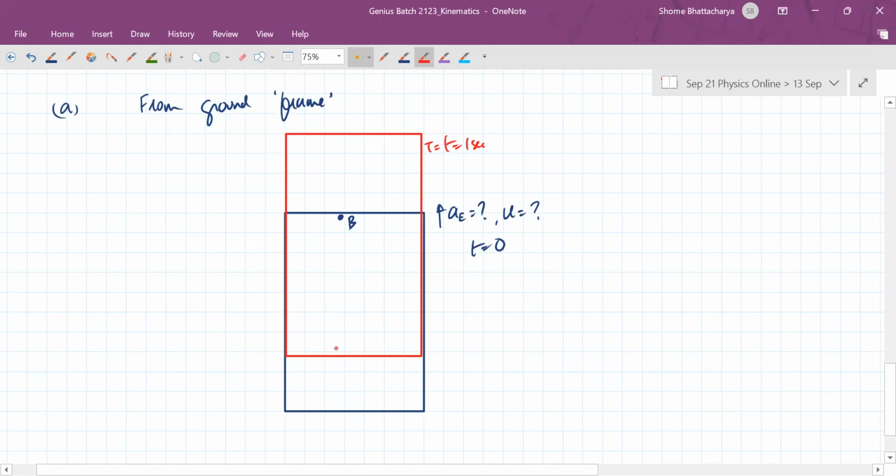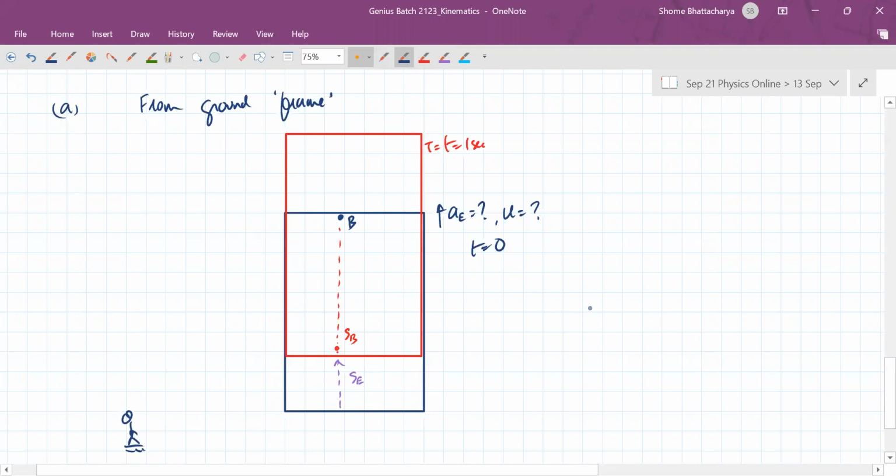The bolt has reached here, and the elevator has traveled like this.